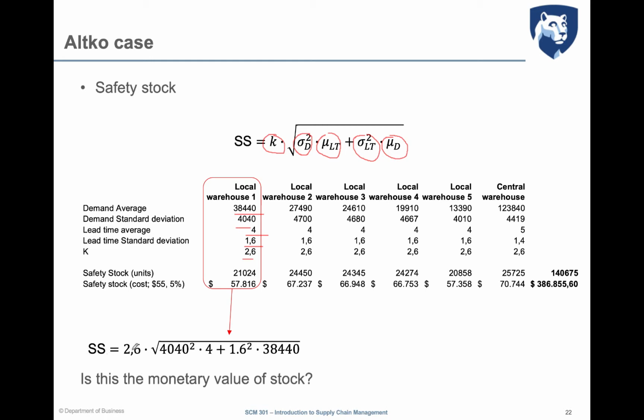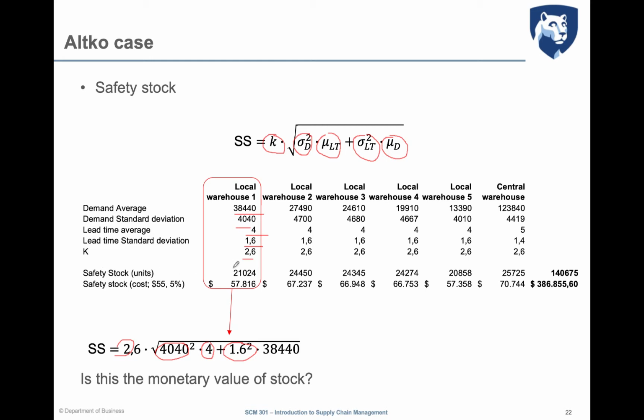So the safety stock is k multiplied by the square root of the variance of the demand multiplied by 4, which is the average of the lead time, plus the variance of the lead time, or the standard deviation squared of the lead time, multiplied by the average value of the demand.